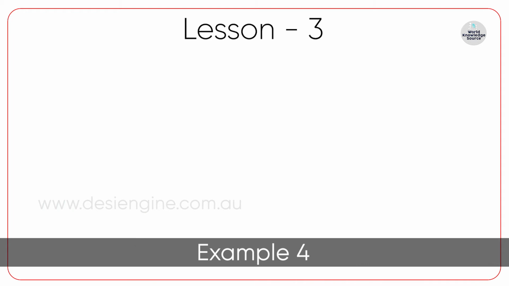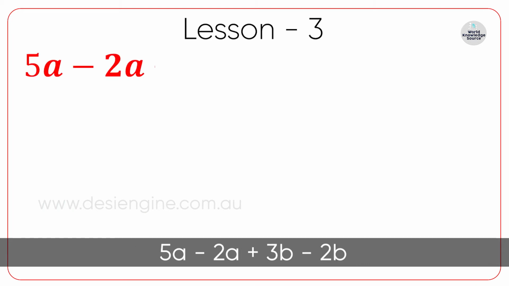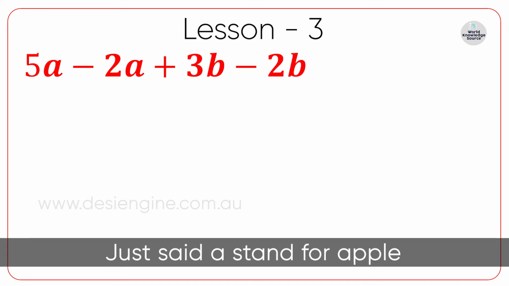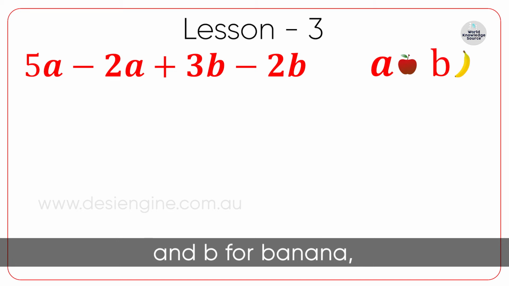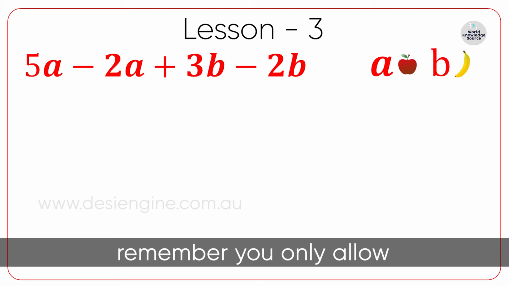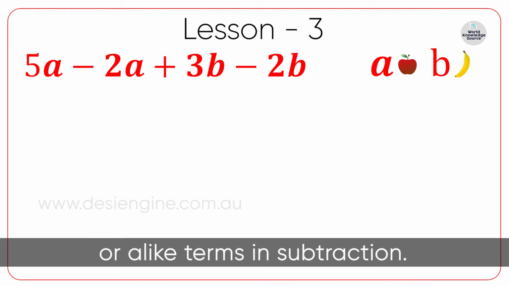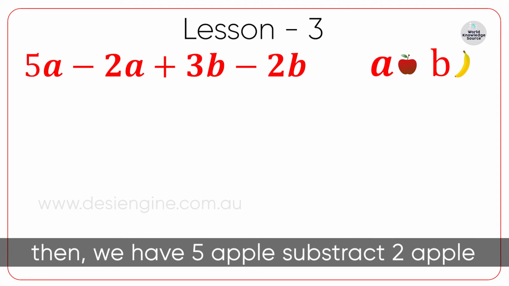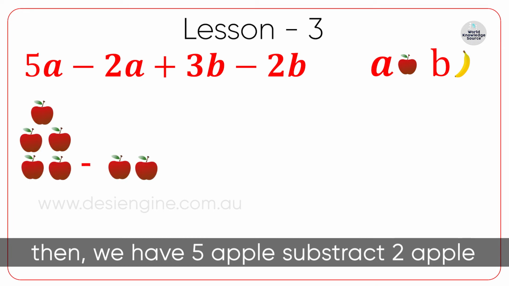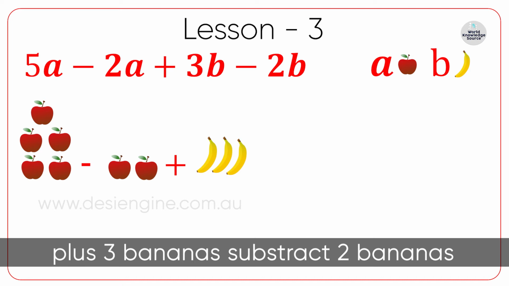Example 4. 5a subtract 2a, plus 3b subtract 2b. Just say a stands for apple and b for banana. Remember, in subtraction you can only remove if the objects are the same, or alike terms. Then, we have 5 apples, subtract 2 apples, plus 3 bananas, subtract 2 bananas.